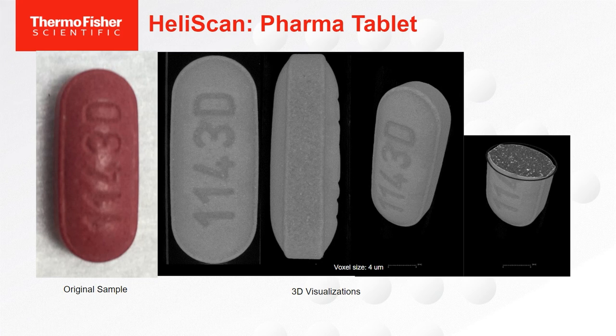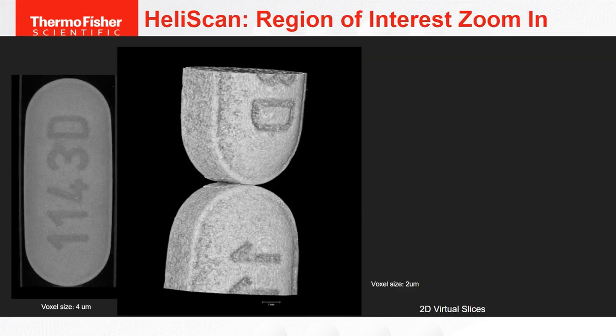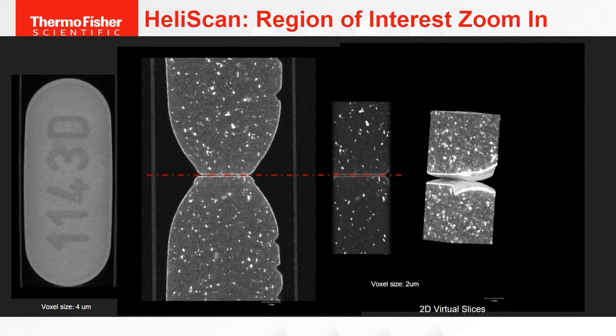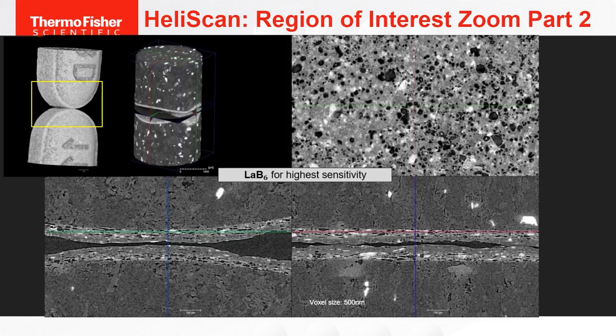On the right is the scanned 3D information, looks like a virtual slice in half, at 4 microns. And this one is a region of interest zoom in. We wanted to just zoom in and see what kind of resolution and what kind of structures we could pull out. And so now you almost, as Robert said, can start to pull out the particles, and we want to zoom in a little bit further to see what's possible.